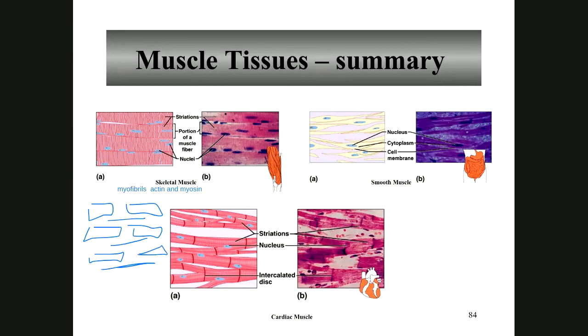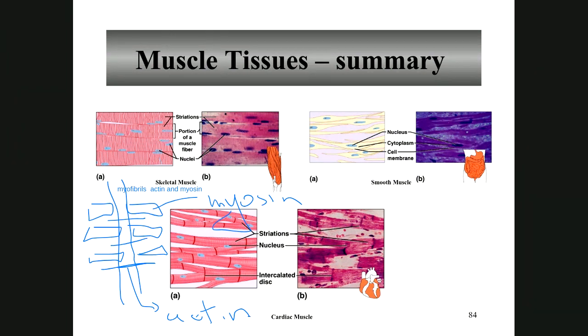That's why you get this pattern that looks like striation. If you stain, this area only has actin, the thin one is actin, the thick one is myosin. The actin area doesn't have a lot of protein, that's why it's lighter. This area here will be darker. So that's why you get that striation.